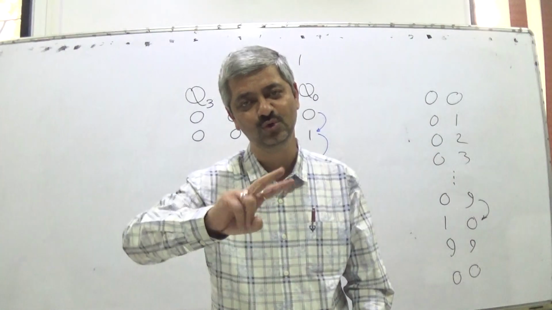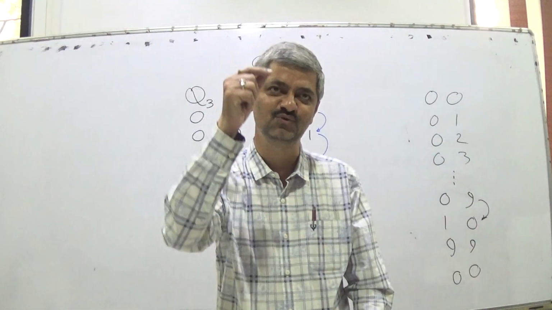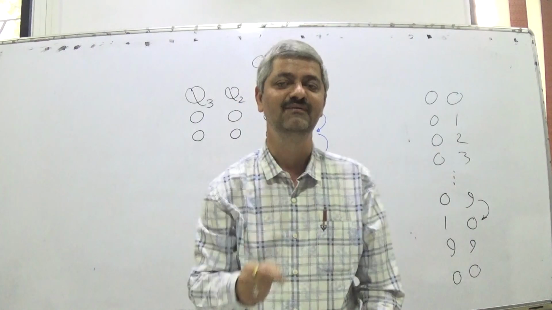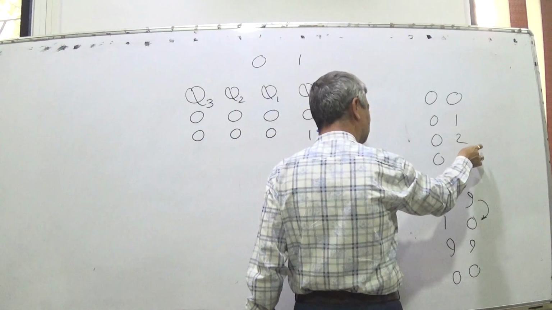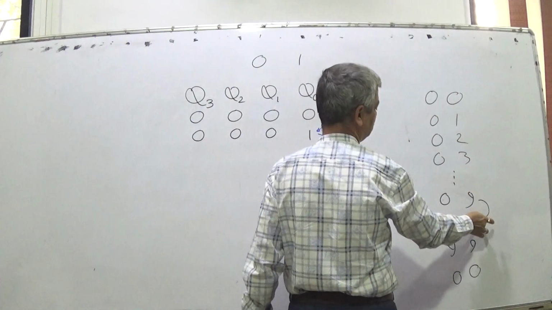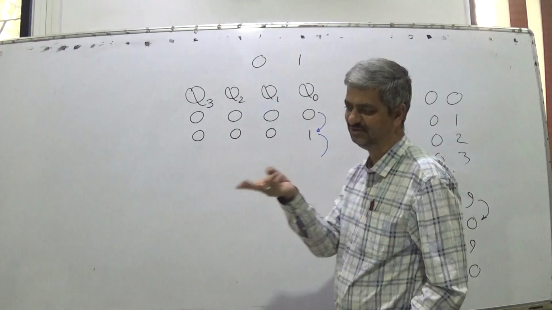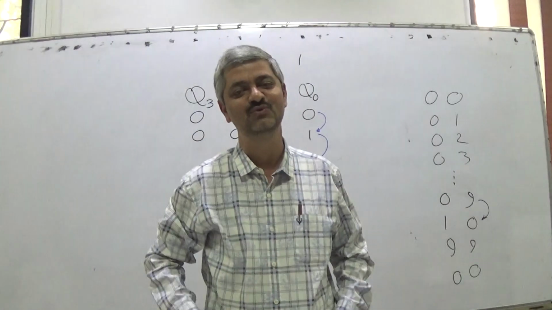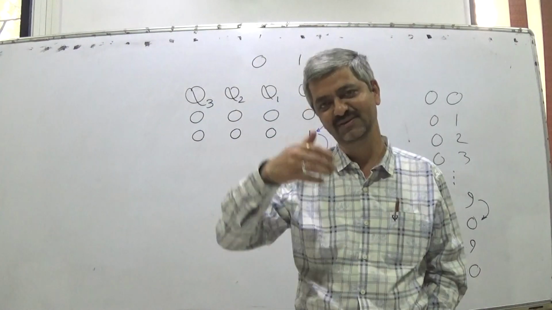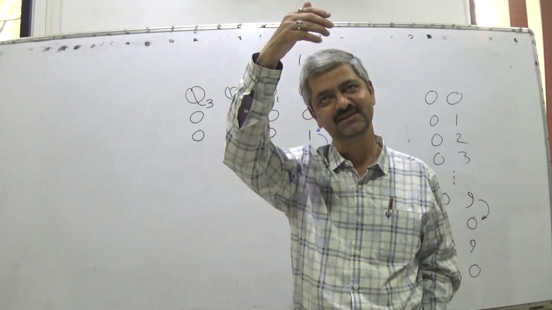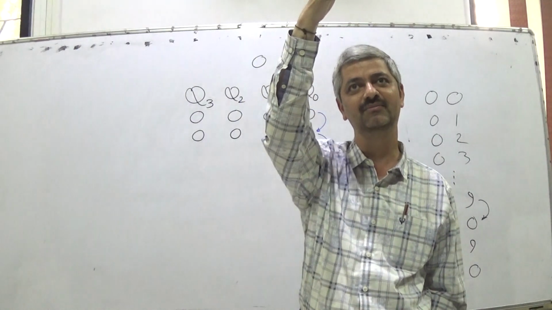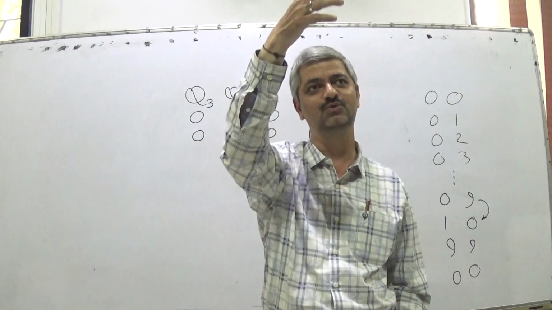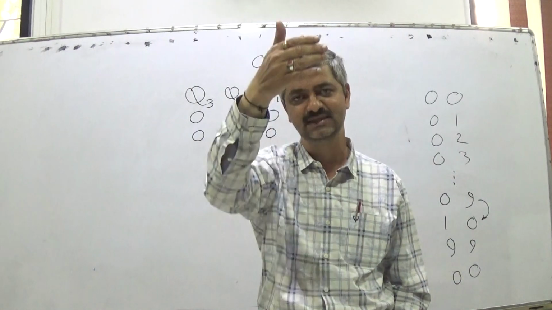Because with 2, 0's next is 1 and 1's next is 0. Whereas here there are many: 0's next is 1, then 2, then 3, and after 9 there is the concept of overflow. But in binary, 0 goes to 1, and immediately 1 goes to 0. If you look at one decimal digit, it counts up 0, 1, 2, 3, 4, 5, 6, 7, 8, 9, then 0.